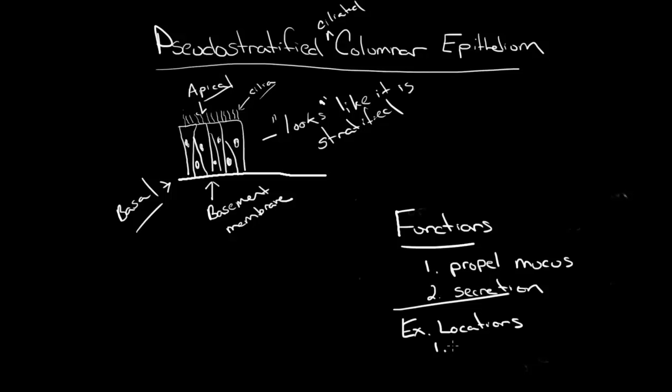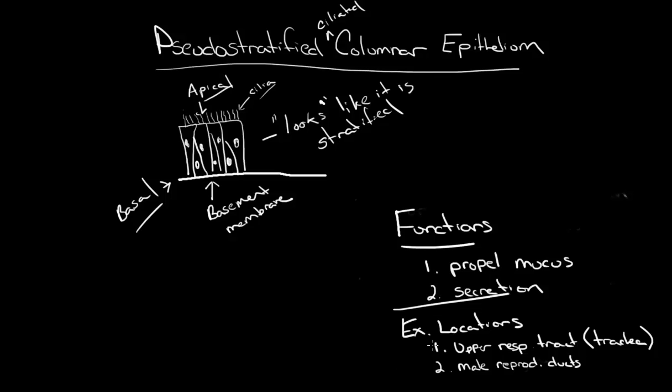We find it in most of the upper respiratory tract, like the trachea. We also find it in the nasal cavity. We also find it in the sperm-carrying ducts, so in the male reproductive ducts.